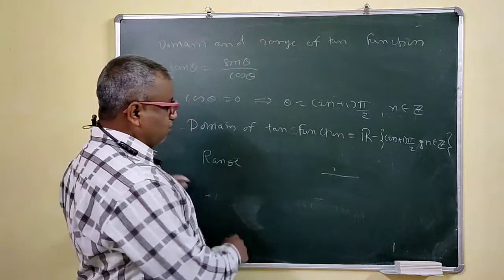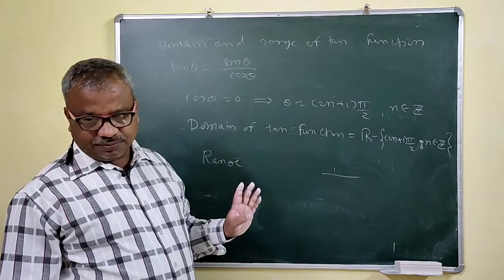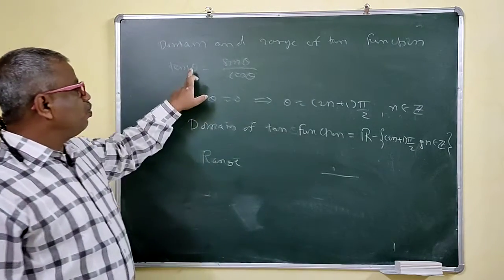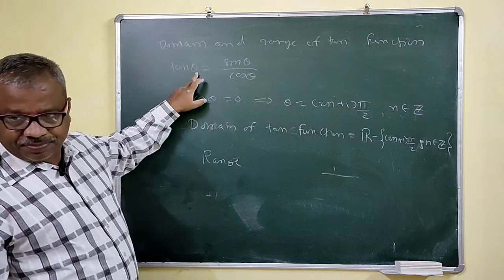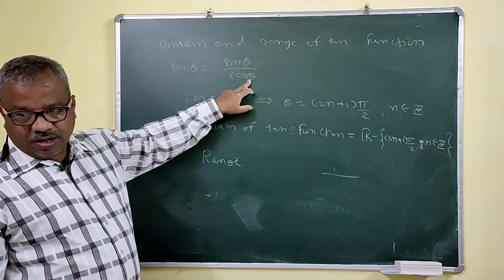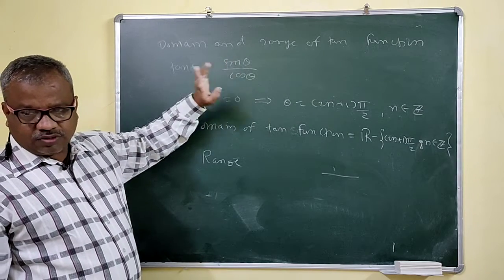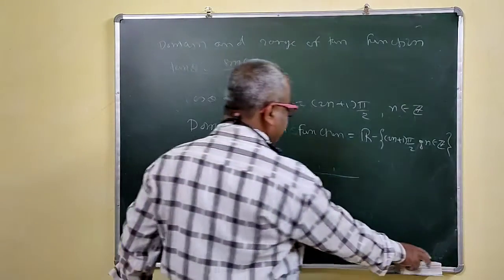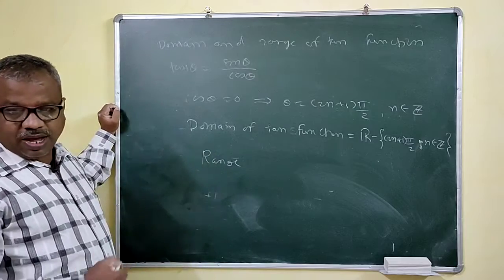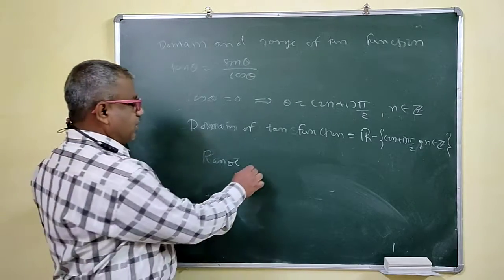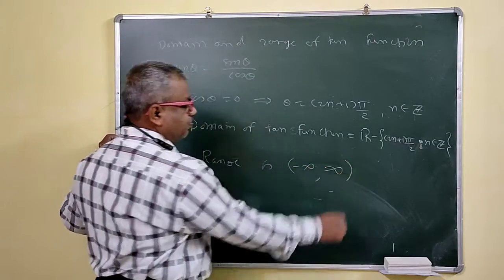Your range will be whole R. If you put pi, sin pi upon cos pi, cos pi is minus 1, so it will be 0 also. So the range of this function is the open interval minus infinity to infinity.